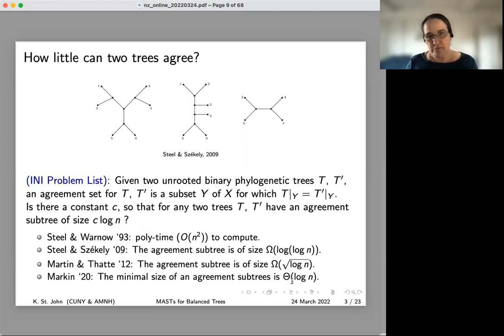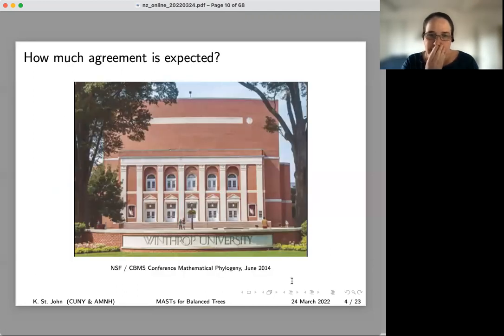So interesting results, but there's actually more you can say about maximum agreement subtrees. Back in 2014, there was a series of talks sponsored by the NSF and the CBMS, the Conference Board on Mathematical Sciences.